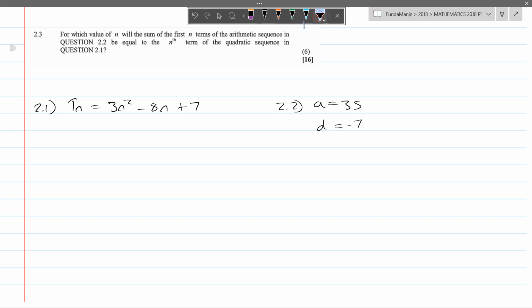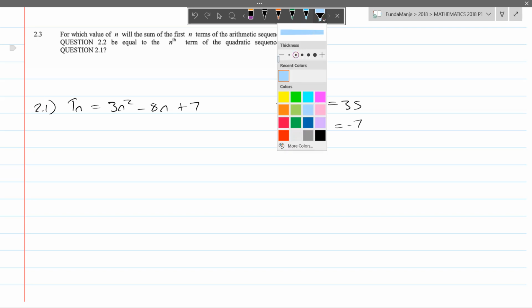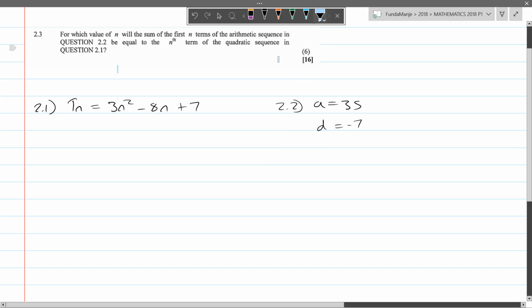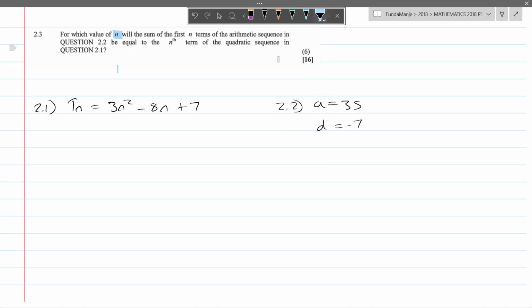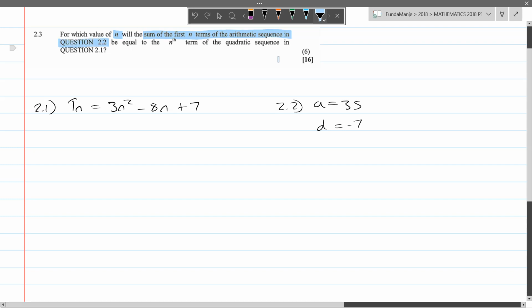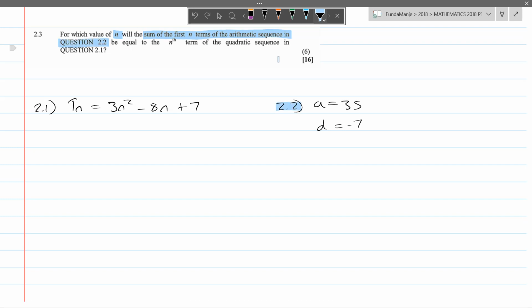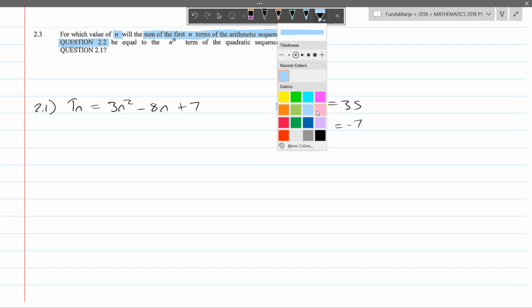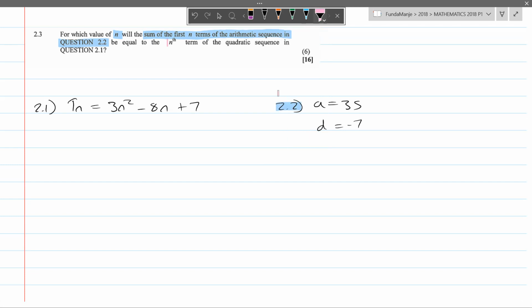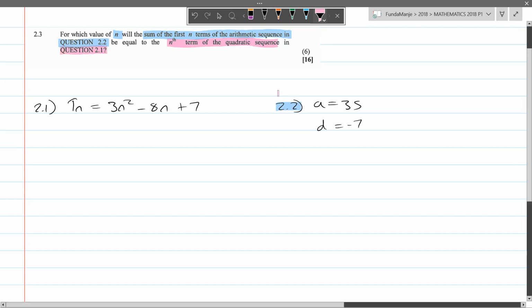So read our question again, and it says, for which values of n, so we're looking for n, will the sum of the first n terms of the arithmetic sequence in question 2.2, so this one, be equal to the nth term of the quadratic sequence in question 2.1, which is that.